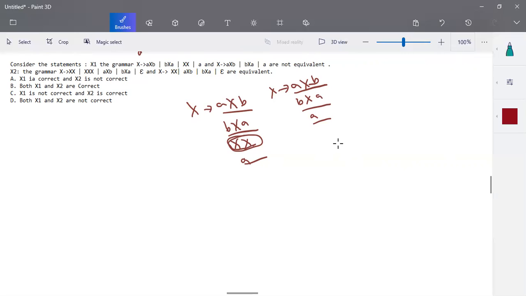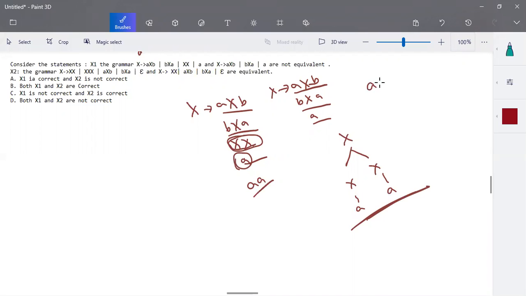Okay, so here this X can be taken as XX, where I can substitute this X as AXB. If you don't want to go the complicated way, we can just directly substitute the single terminal symbol that is available over here first. Okay, so this X can be substituted with A and this X can be substituted with A. So this grammar actually generates the string AA, and here is there any way of generating AA?